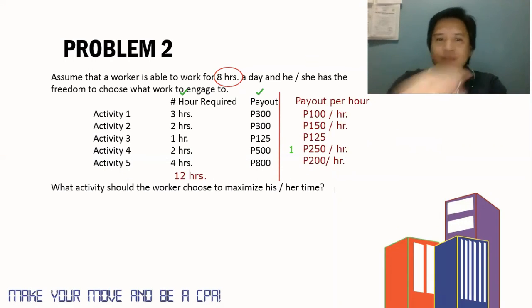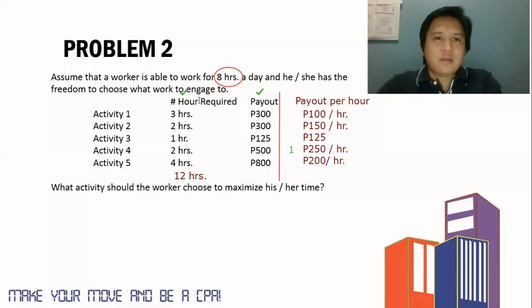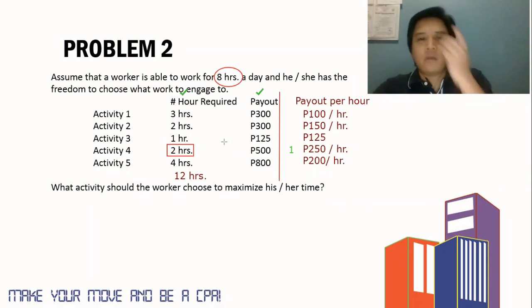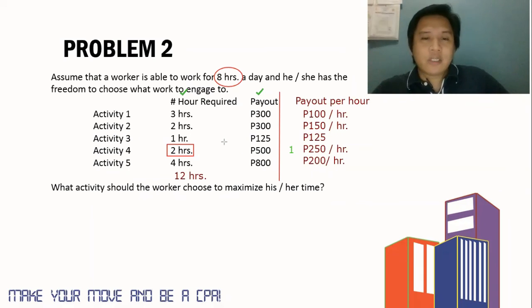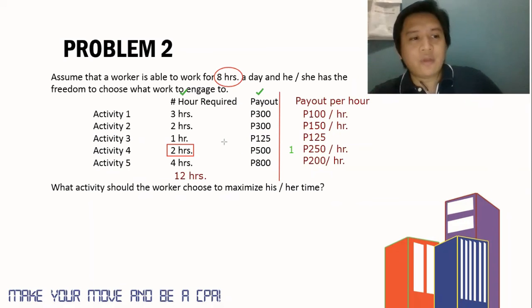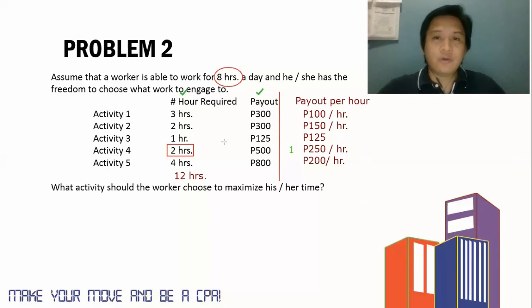Meron na tayong 2 hours to be consumed. So, let's highlight 2 hours. Okay? So, ilan na lang yung naiwan sa atin? 8 hours minus 2 hours, we still have 6 hours so that we can use.